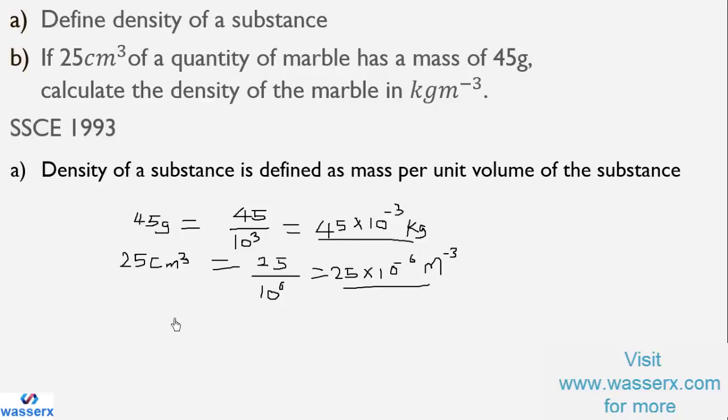We need to express the density in terms of kilograms per meter cube, and we know that density is equal to mass per unit volume.